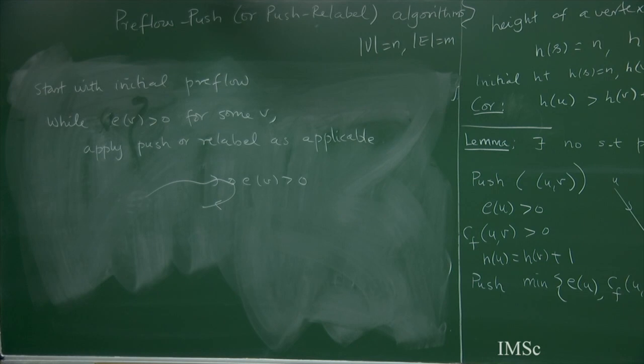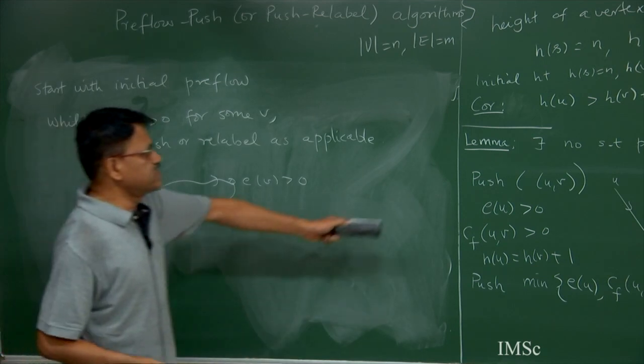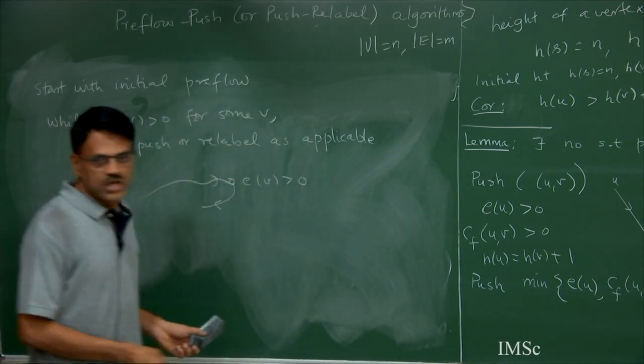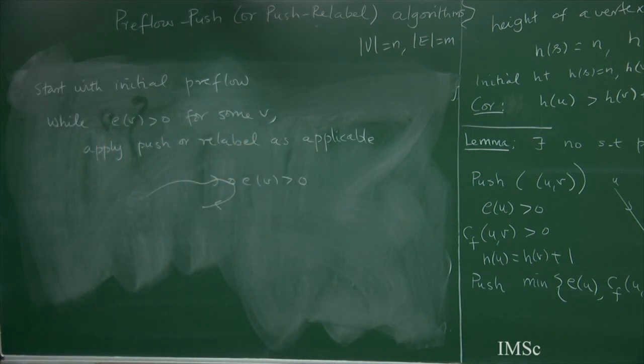So the only thing we need to show is that the algorithm will terminate. It's also clear, because of this lemma, that when the algorithm terminates what we have is a max flow, because we have a flow since all the excesses are 0, and by that lemma we have a max flow.